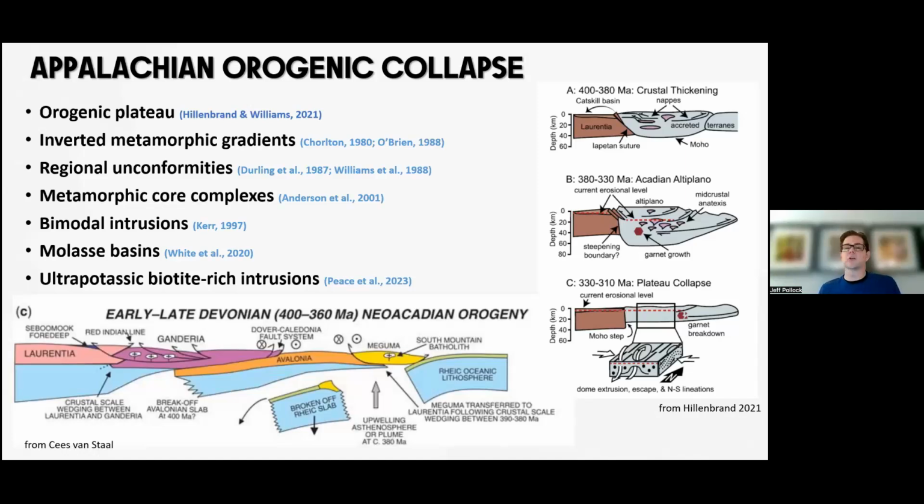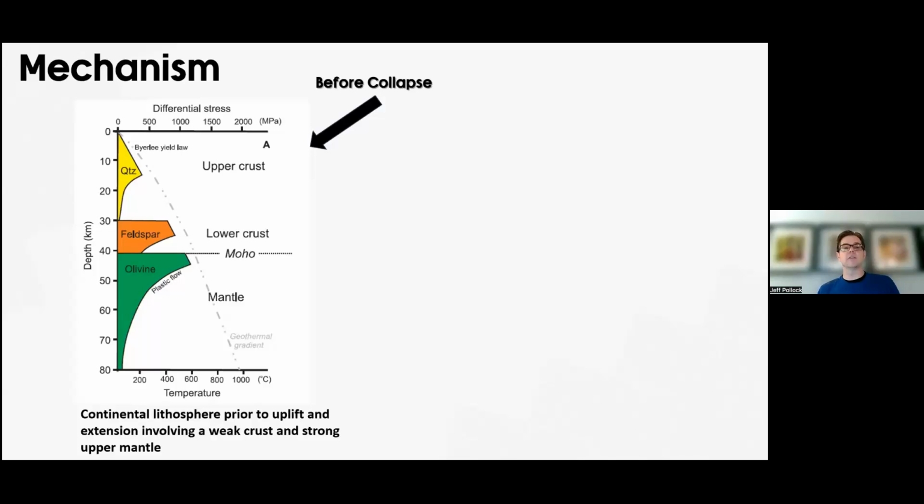Well, how does this preserve a mantle fabric? Well, if we look at where the strength of the mantle is, or the strength of the lithosphere. Prior to uplift, we have essentially a weak crust and a strong mantle, and a very weak mid to lower crust. So we have two strong parts with a weak interior. Most of the strength is held in the olivine-rich mantle.